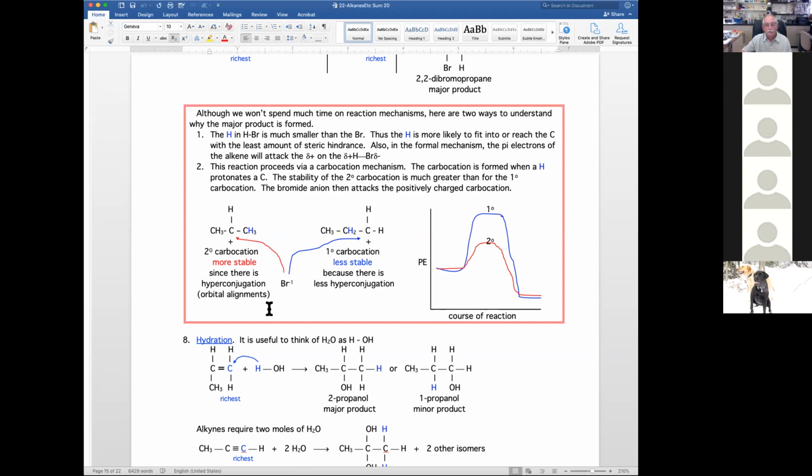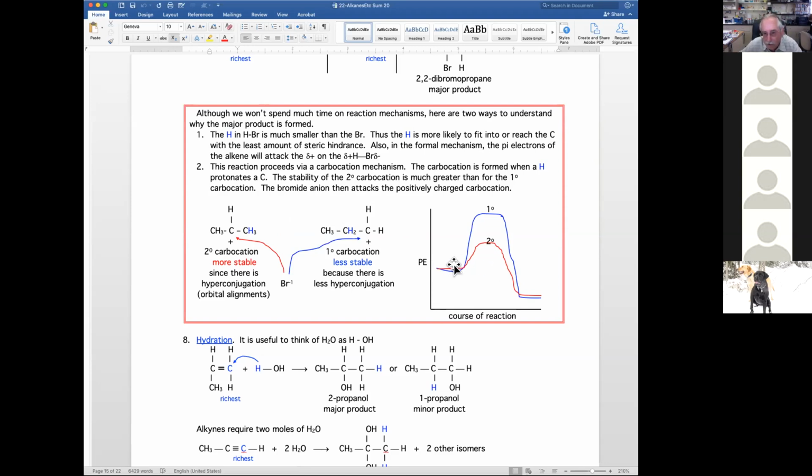And they use the term hyperconjugation, and then to do that we have to draw pi orbitals and do all this kind of stuff, but we don't care about that because it's not that important to us. All we really need to know how to do is apply Markovnikov's rule. But these are in the transition state. So here's what happens.